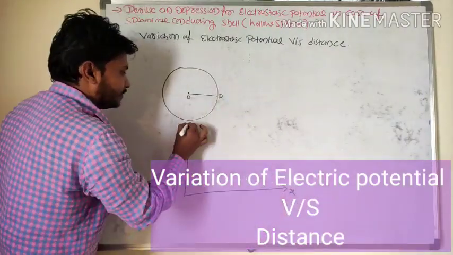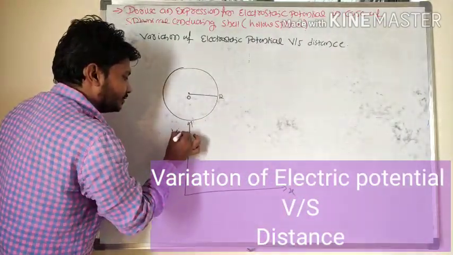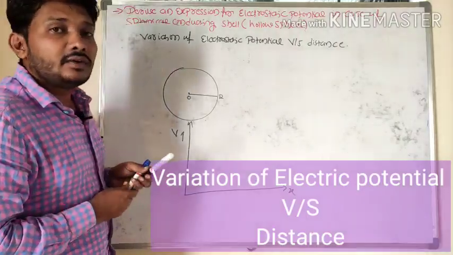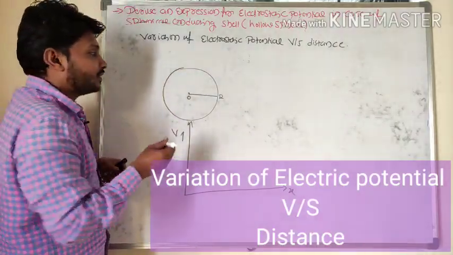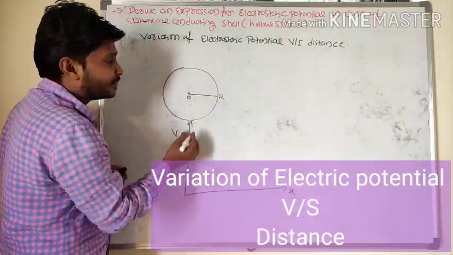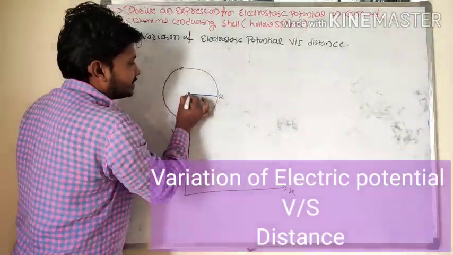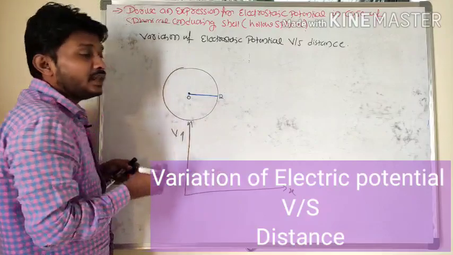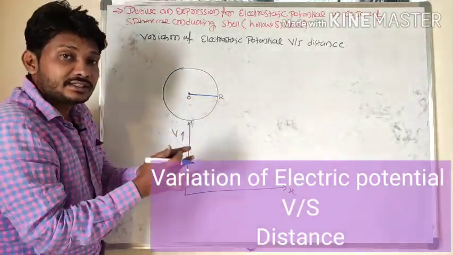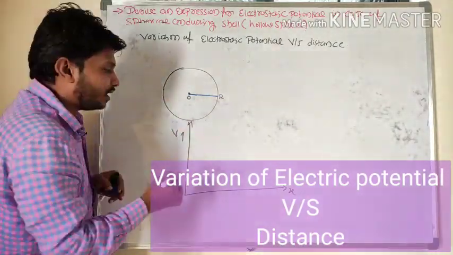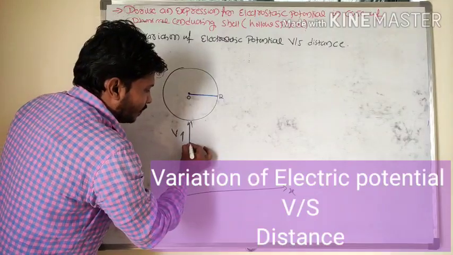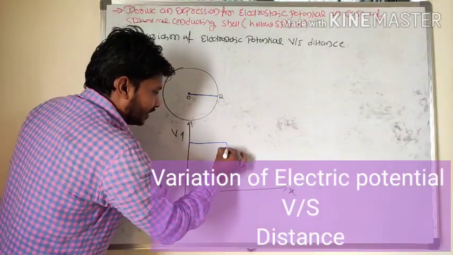Along the x-axis I will choose distance, along the y-axis I will choose potential value. So then what is the equation of potential inside the sphere? From the center to the surface of the sphere, potential value remains the same. It means the potential value will not change, the y coordinate value will not change here.